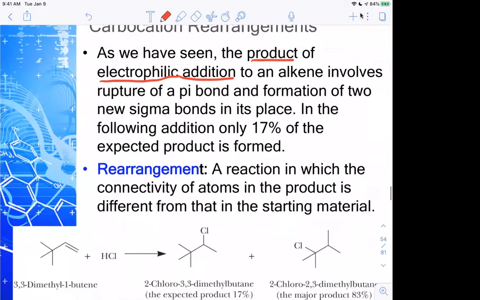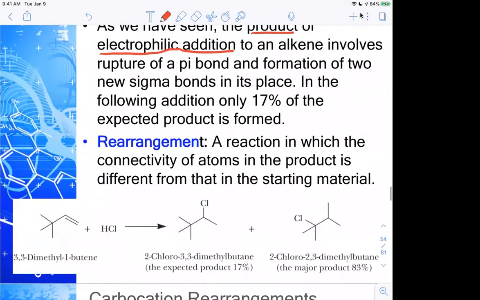Now, in the following addition, only 17% of the expected product is formed. Now, why is that? So I should get hydrogen adding here and chlorine adding there, which would correspond to this product, right?